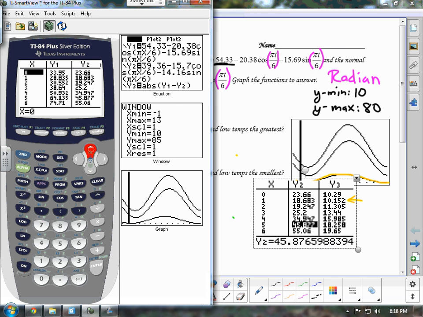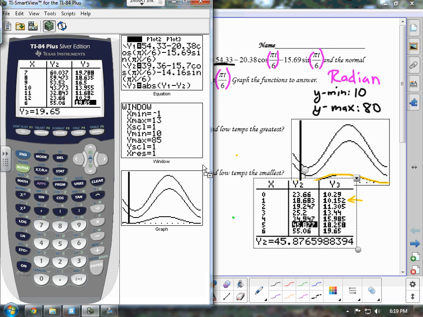Then if you go back to your x values, and after 6, put 7, 8, 9, 10, 11, and 12. You'll get these values, and if we scroll over and look at the differences, it goes from 19 down to 10.29.